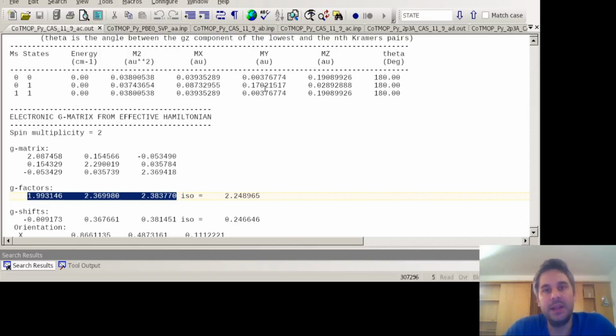Sometimes it takes a few consecutive CASSCF calculations that get better and better, and then you get a very nice result.